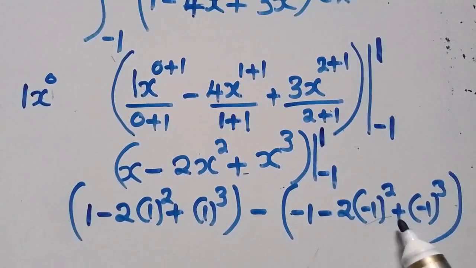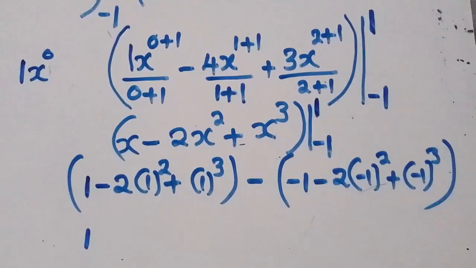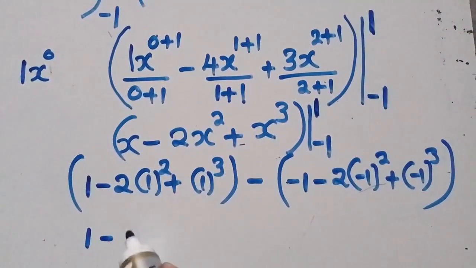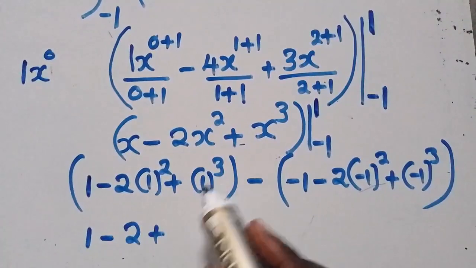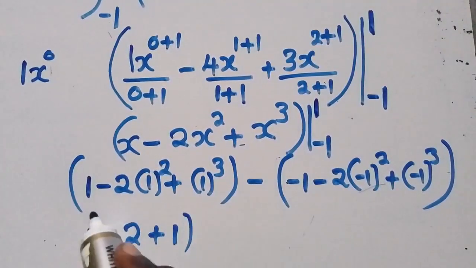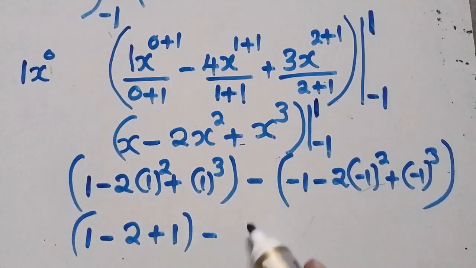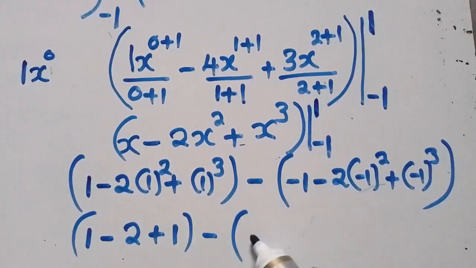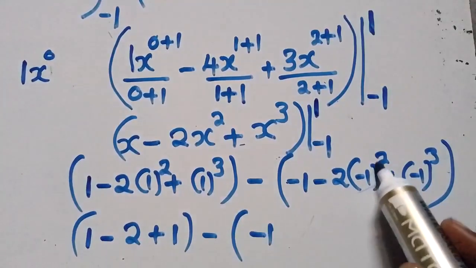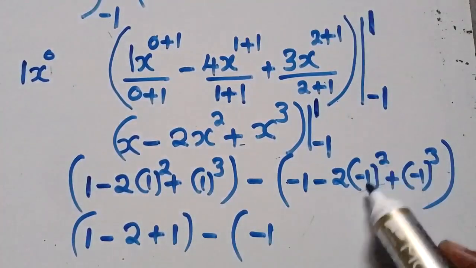Here, negative 1. So what is the answer here? This is 1. You are going to get 1 minus 2 plus 1. This is what we are going to have. You say minus, what is here? That is negative 1. Here you are going to get positive. Have you seen you are going to get positive 1?